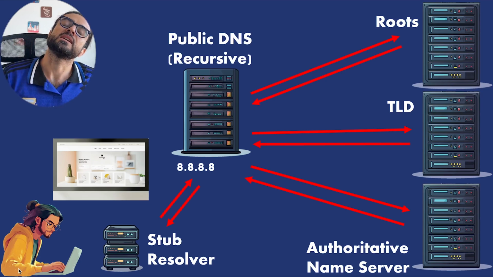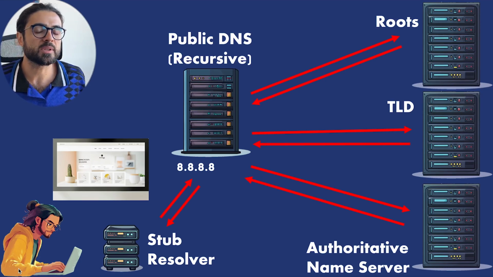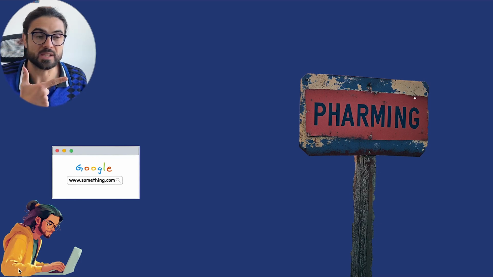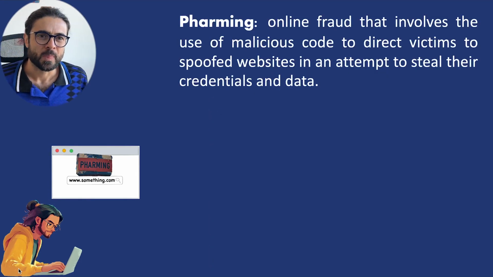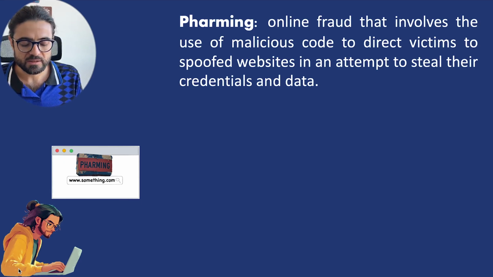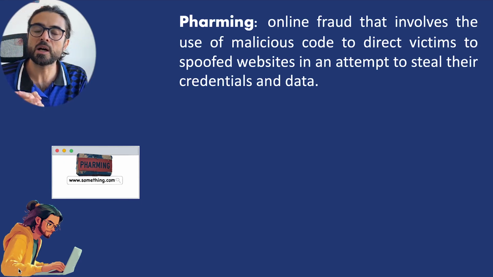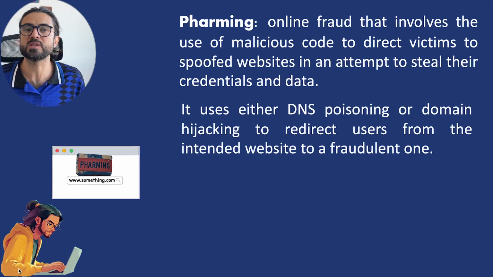Is there anything that we should be worried about, by the way? Is there any cyber attack or something that might bother us? Unfortunately, the answer is yes, and it's pharming. Wait, let's make it cooler. Pharming. And what is pharming? Pharming is any sort of online fraud. It tries to steal your data, your credentials, and all of those things.